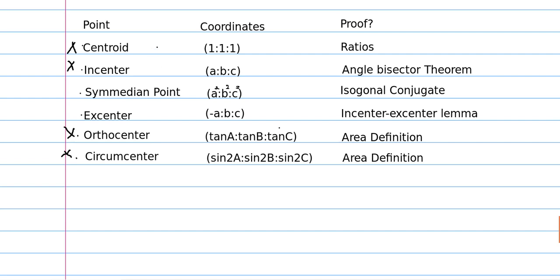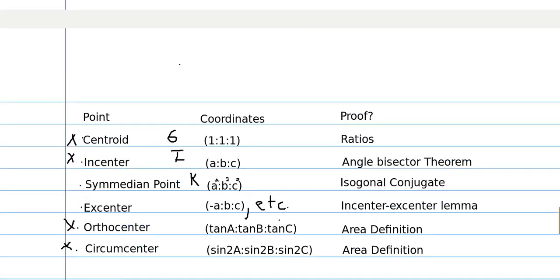Now I guess I should have written some common letters we use to denote these points. The centroid is often a G. The incenter is an I. The symmedian point is a K. Now the incenter, I forgot to put excenters etc. here. There are 3 excenters for each triangle.